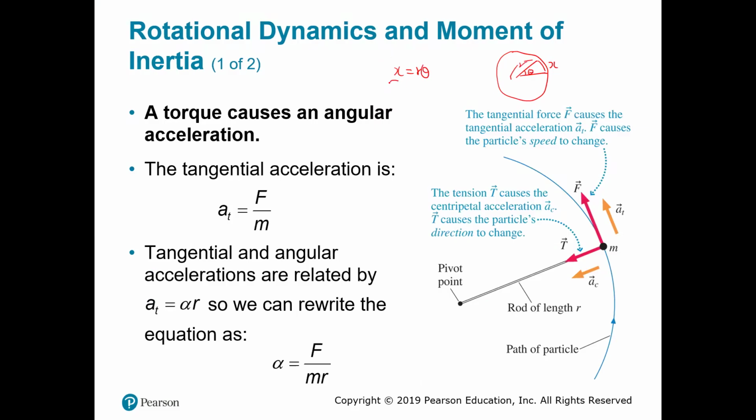They have this relationship, especially when theta is in radians. If you divide both sides by t, the left side is velocity, the right side is r omega. And if you divide by t one more time, the left side is a, the right side is r alpha. This one is called angular velocity. This one is called angular acceleration.